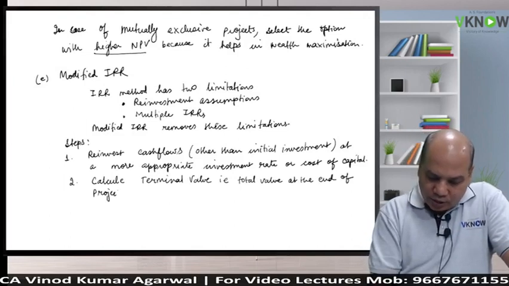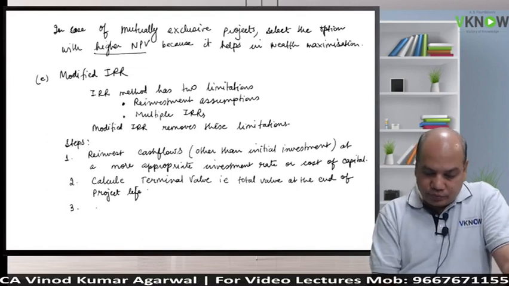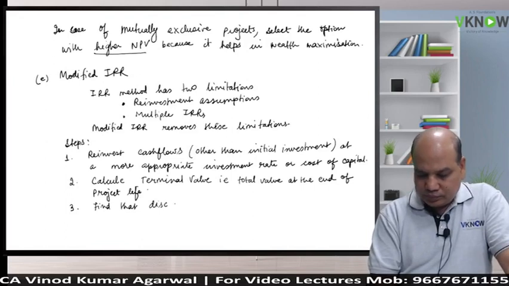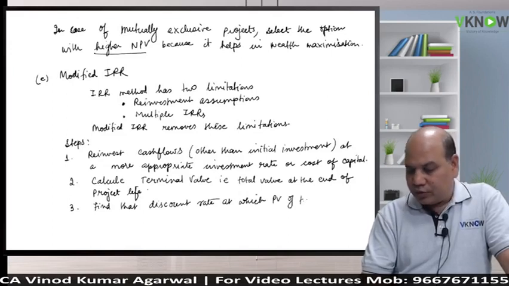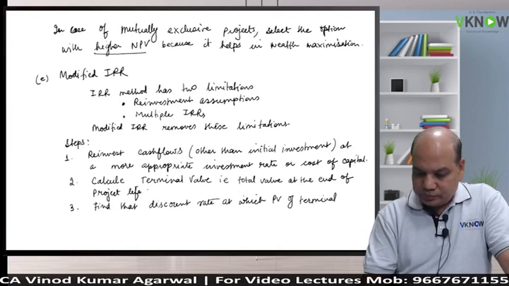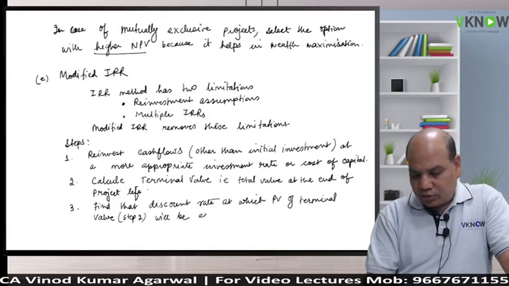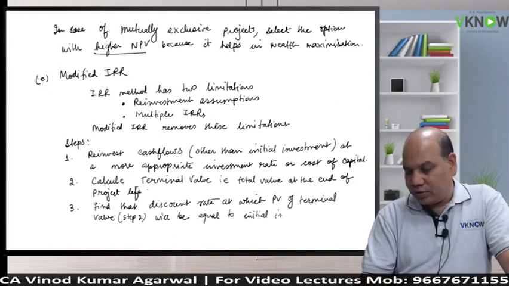Third, write down, find that discount rate at which the PV of terminal value (step 2) will be equal to the initial investment.